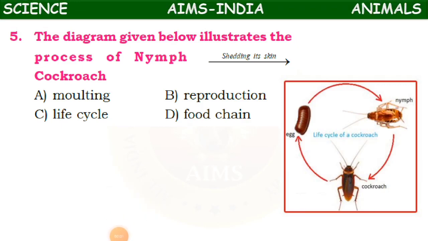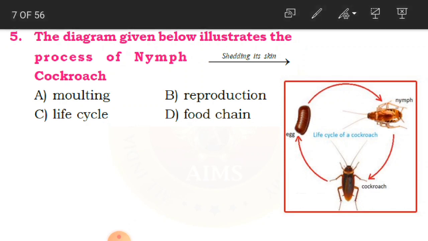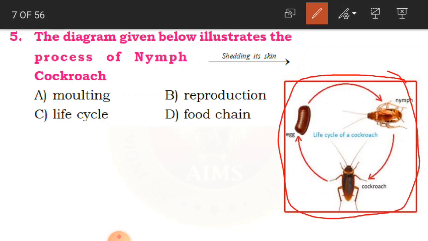The diagram illustrates the process of nymph shedding its skin. This is of cockroach. Here if you observe, children, in the picture you can see the life cycle of the cockroach, which has 3 stages. Here you can see the adult cockroach and its eggs.